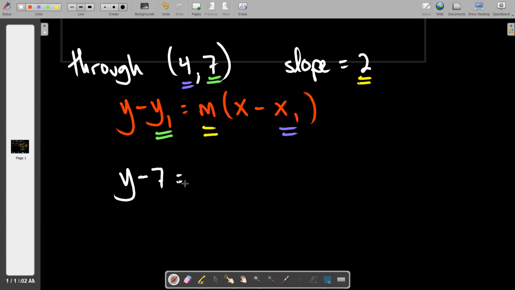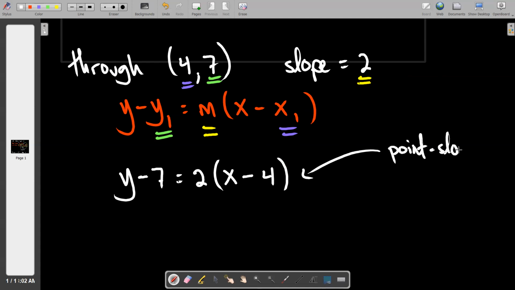And then we encounter the slope, the M. And what are we going to put in place of M? 2. Very good. And then we're going to open a set of parentheses and put X minus. And what are we going to put in place of X sub 1? 4. Very good. So what you have right here is a completed point slope equation.